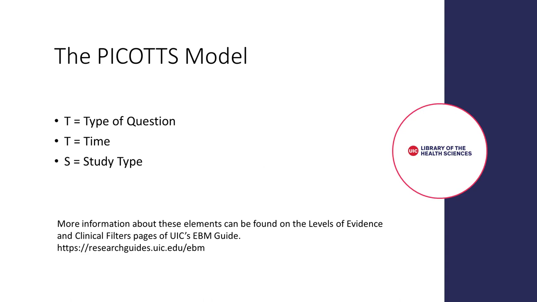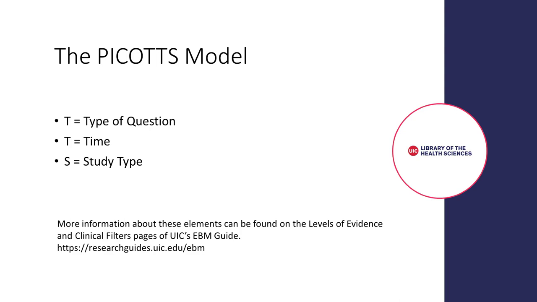Sometimes, even using the PICO model is not enough to narrow your results. At times, expert searchers also use one or more of these additional elements. This is sometimes referred to as the PICOTS model and takes into consideration the type of question you may have, such as therapy or diagnosis, time elements related to the study, such as retrospective or prospective research, and study type, such as randomized clinical trial or meta-analysis.